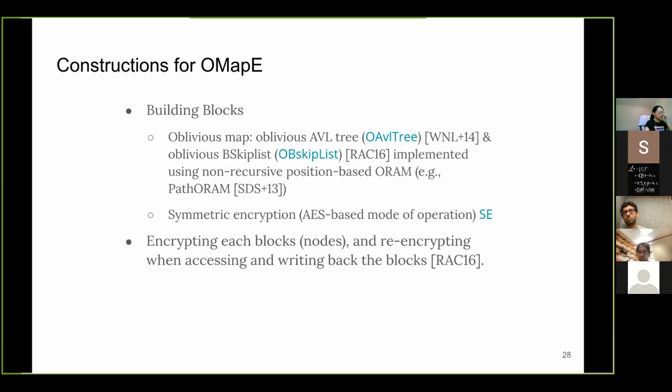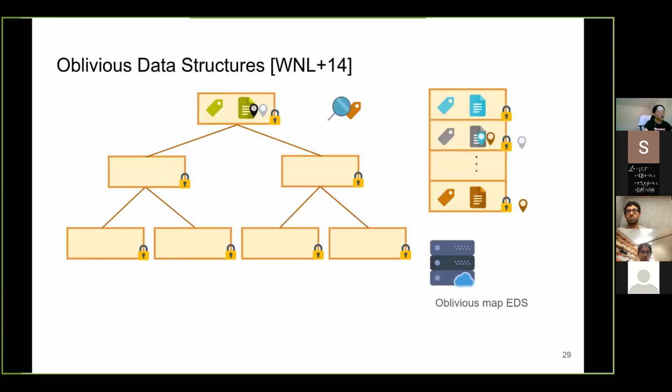So you can see that for the OMAP-E, the construction is straightforward. We use the oblivious map, the oblivious AVL tree and oblivious skip list, implemented using non-recursive position-based ORAM, and then combine with symmetric encryption, encrypting each block and re-encrypting when accessing and writing back the blocks. And you may wonder how the oblivious data structures work, so I provide an example.